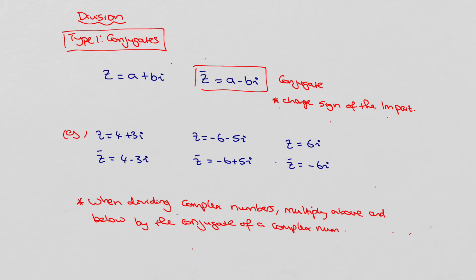And this is because when we multiply a complex number by its conjugate, we end up with a constant.